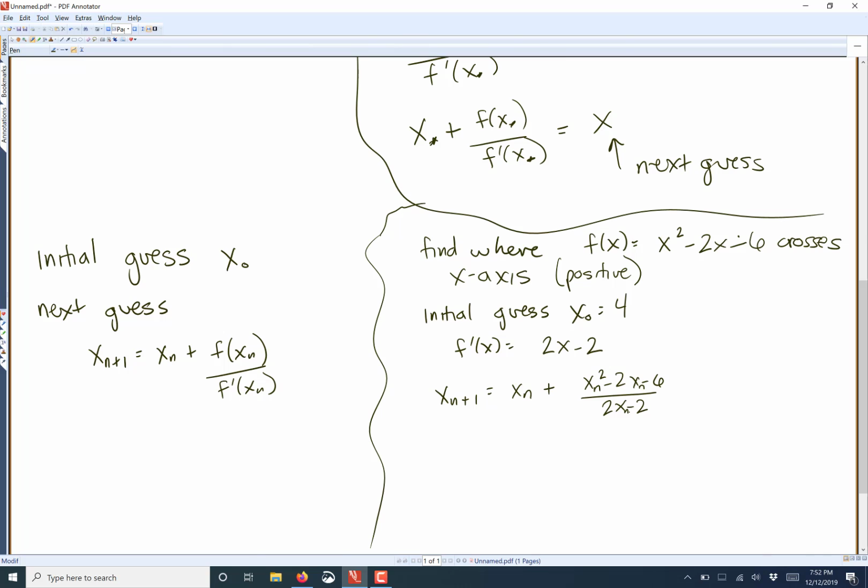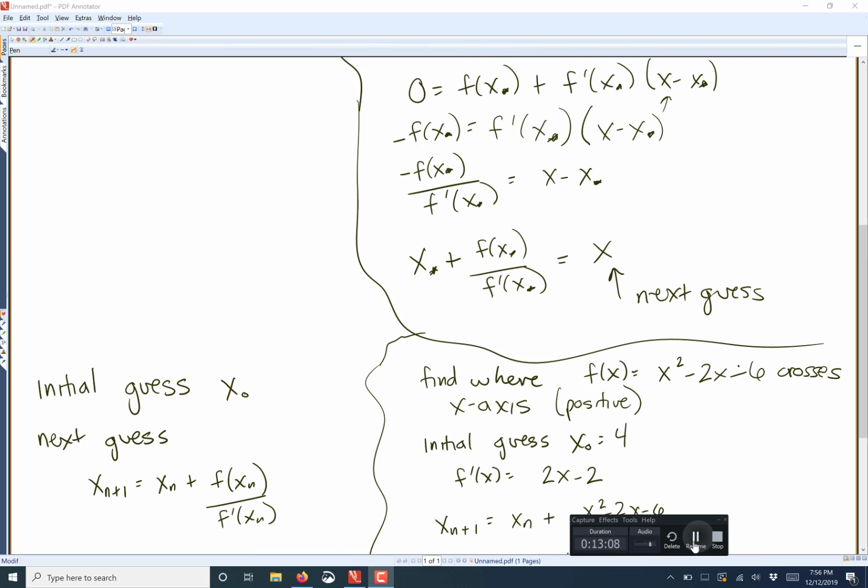So what we have to do is just plug this in. x1 is going to be equal to my first guess, which was 4, plus 4 squared minus 2 times 4 minus 6 over 2 times 4 minus 2. And I better go get my calculator. Oh no, I'm so sorry, I am tired.